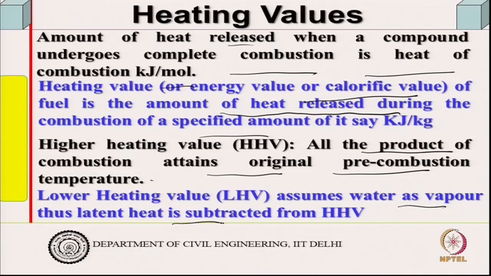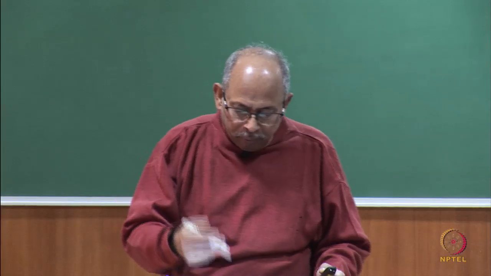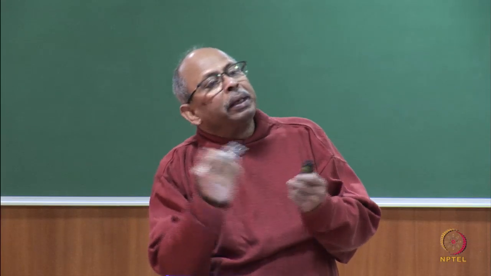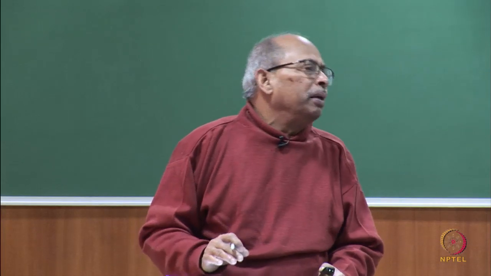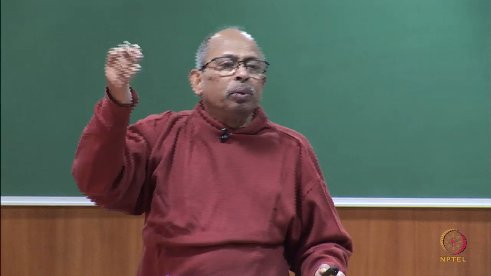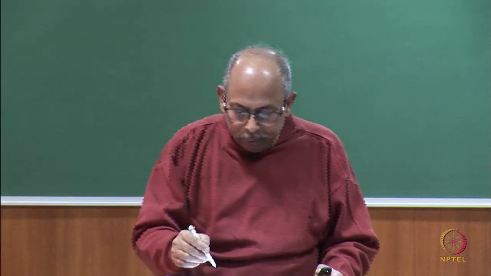The lower heating value assumes water vapor remains as vapor, so latent heat goes, and some gases remain at high temperature. So less heat can actually be realized, because the latent heat of vaporization will not be available for your work. Obviously, there are other efficiency losses, like hot gases going out.